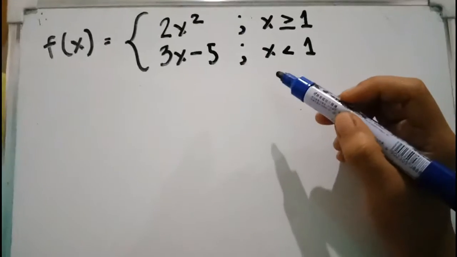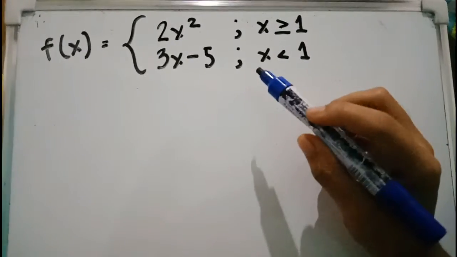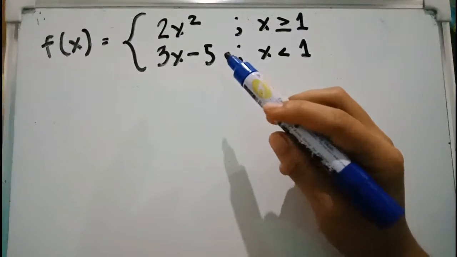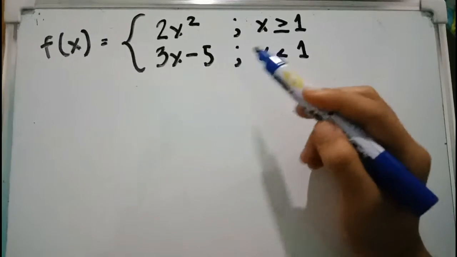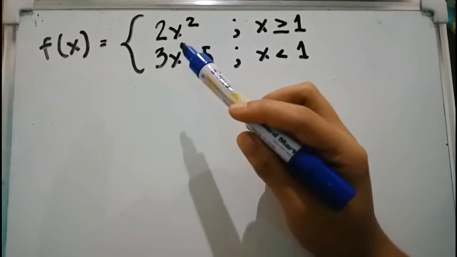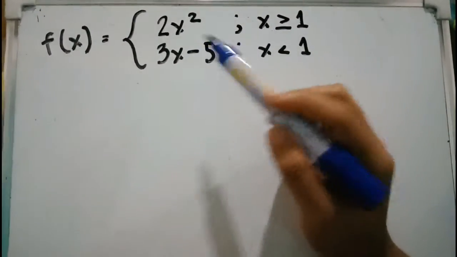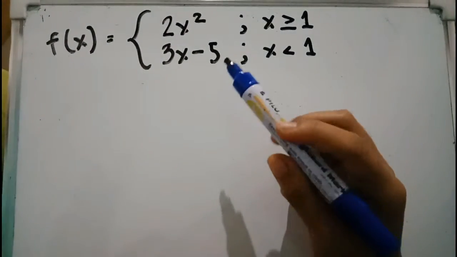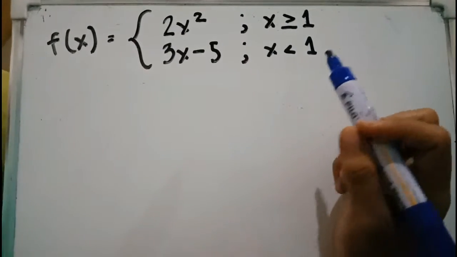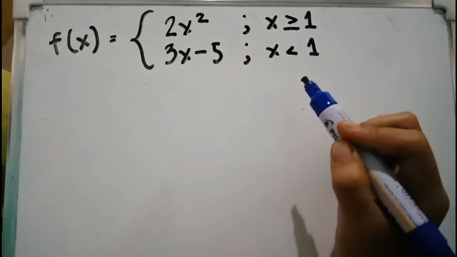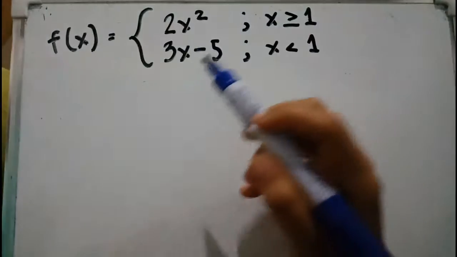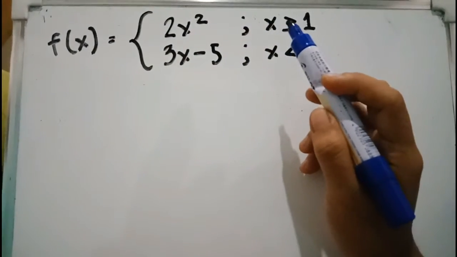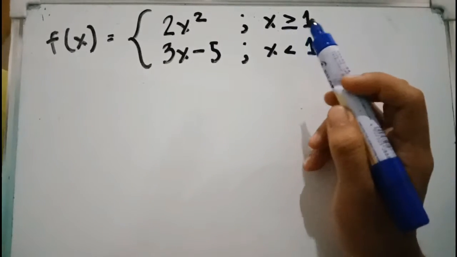Okay, now let's consider this function, and it actually has a situation here, as you can see. Before answering, we need to identify first which direction each function goes, like the 2x squared, as x is greater than or equal to 1.